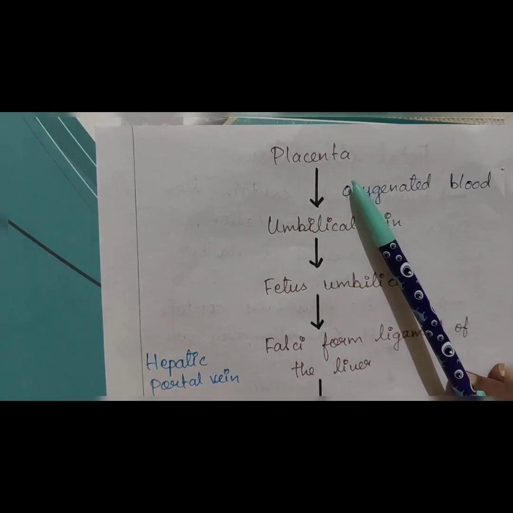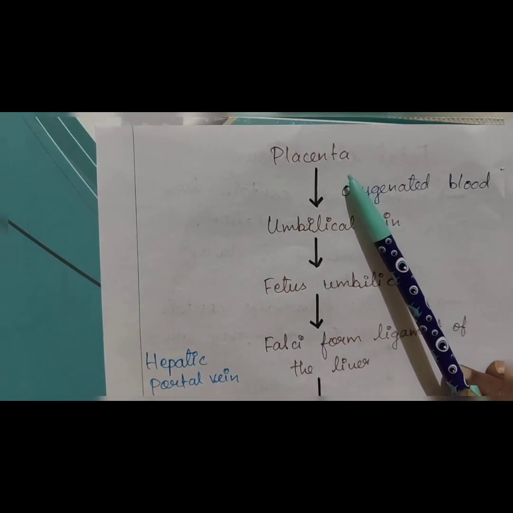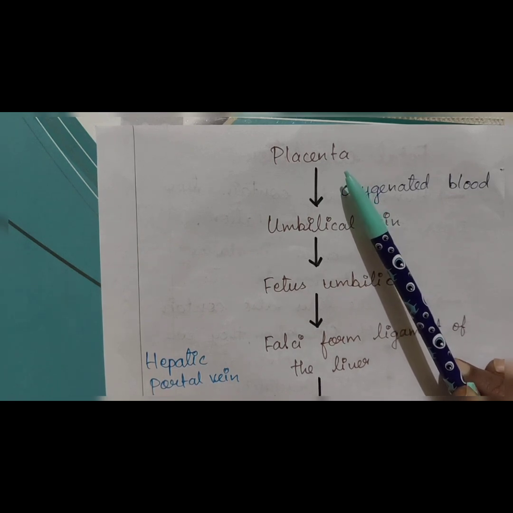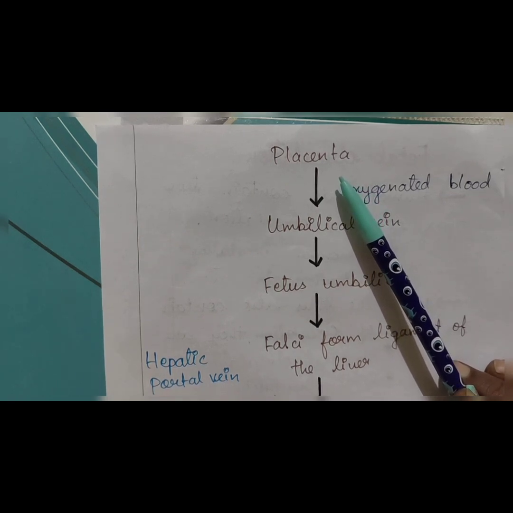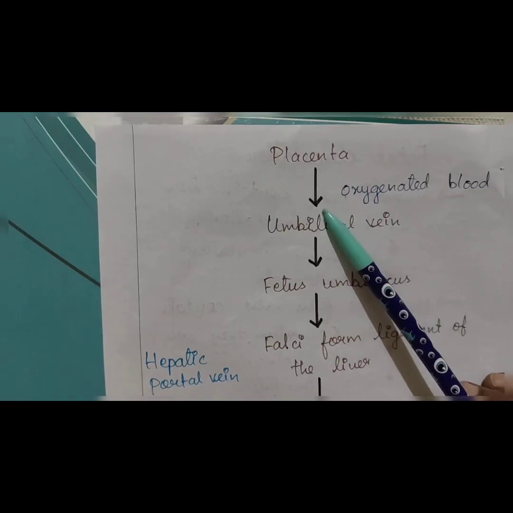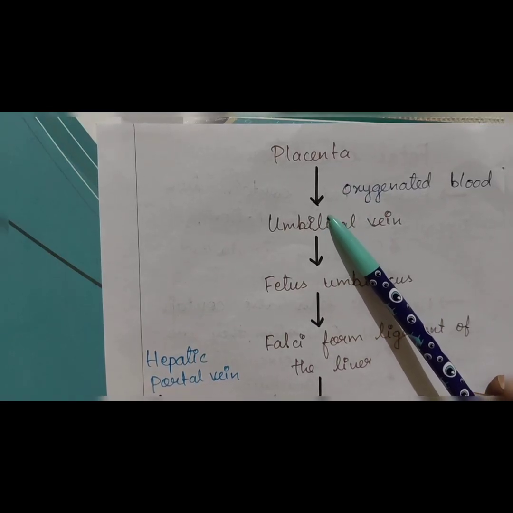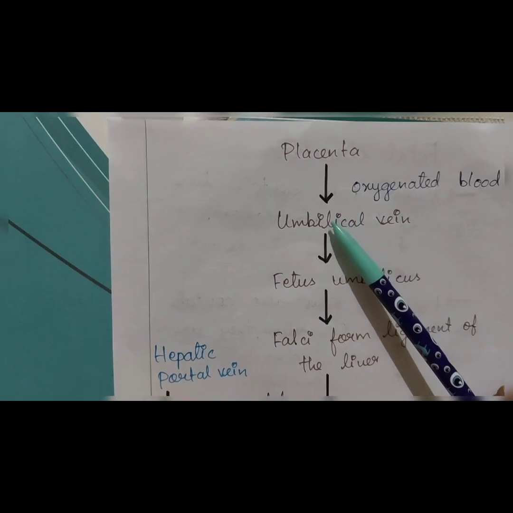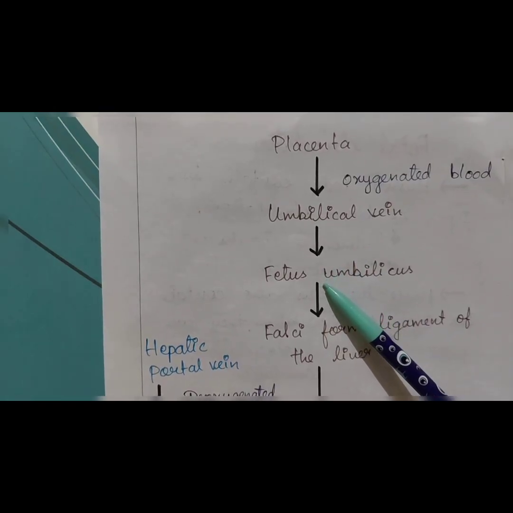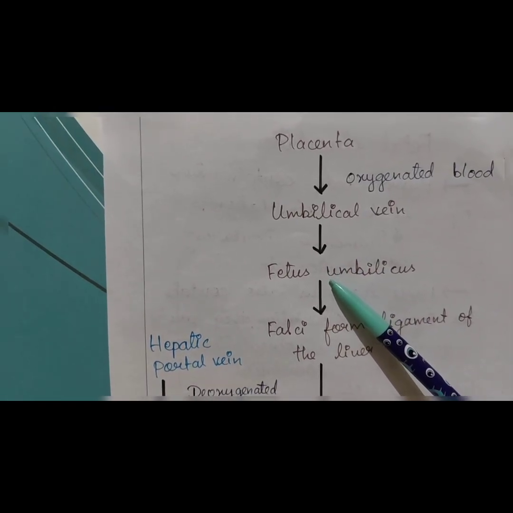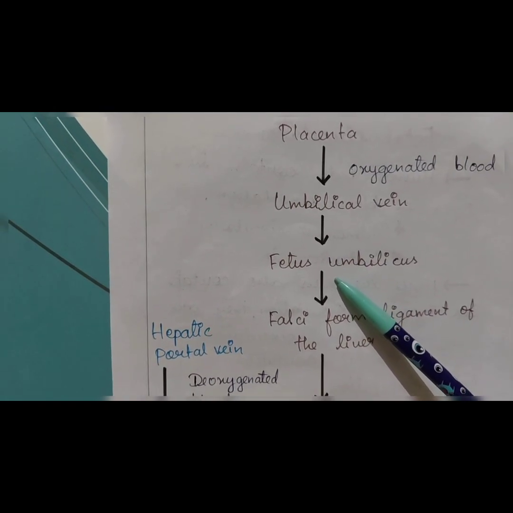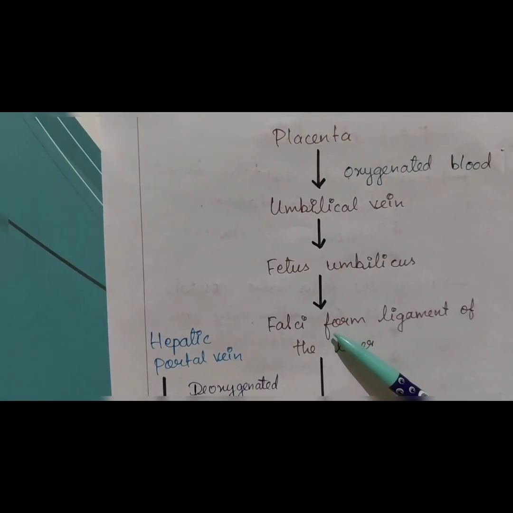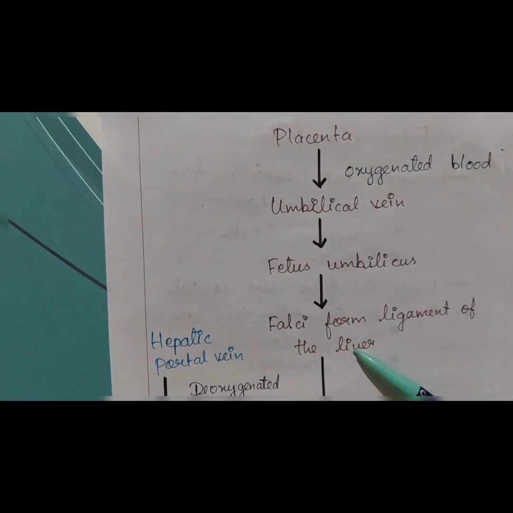The placenta gets the blood from the uterine arteries of the mother. So the placenta gets all the nutritious and oxygenated blood, and next it is transmitted to the umbilical vein. Through the umbilical vein it enters the fetal umbilicus, and after entering the fetal umbilicus it enters the falciform ligament of the liver.